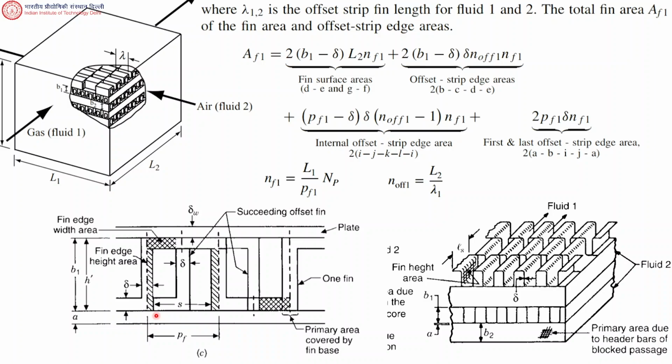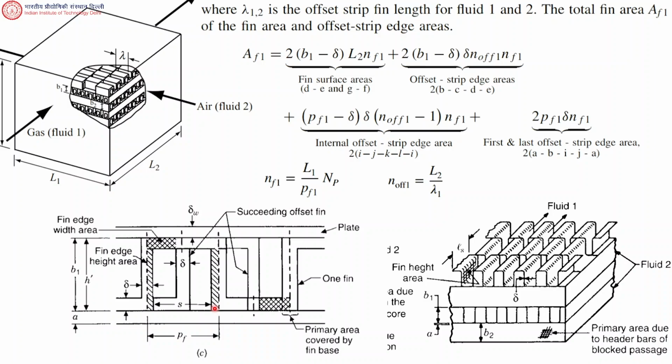But there are 4 such areas, because you have one here, and two at the back of that fin. That's why I multiply it by 4, and that's why it comes out to be 2. This is the final expression.